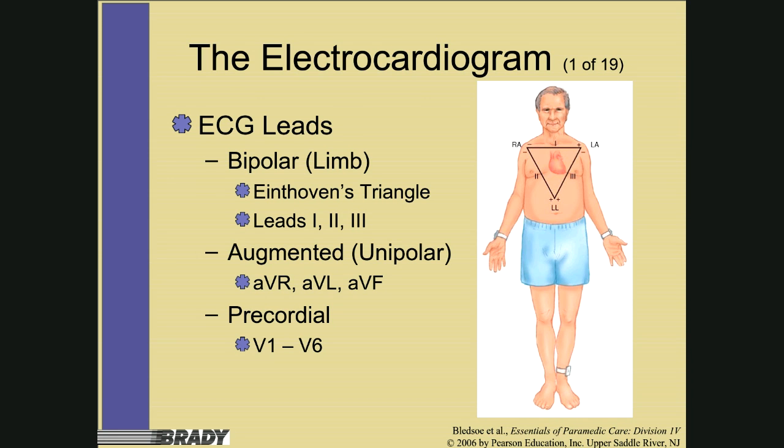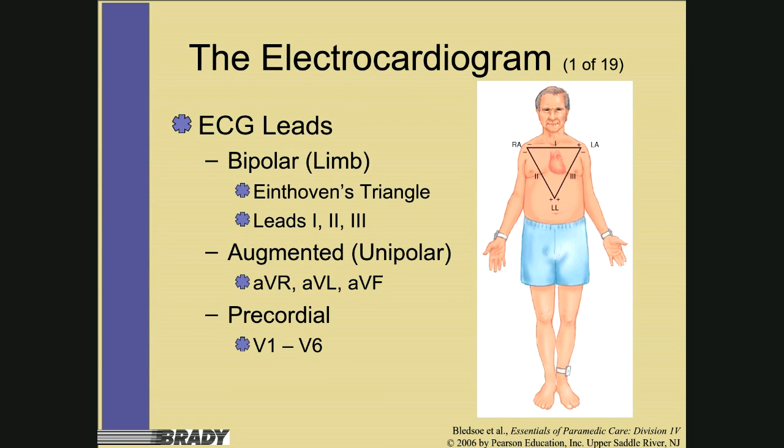In the field, we use 4 electrodes: right arm, left arm, left leg, right leg. The one on the right leg is the green electrode, a ground lead that stabilizes the current.